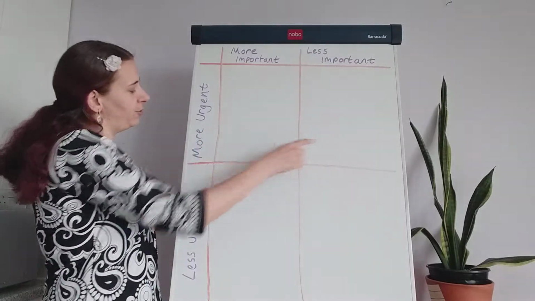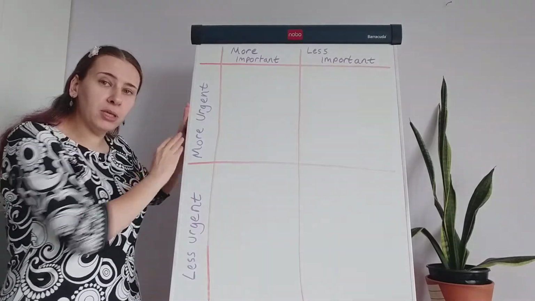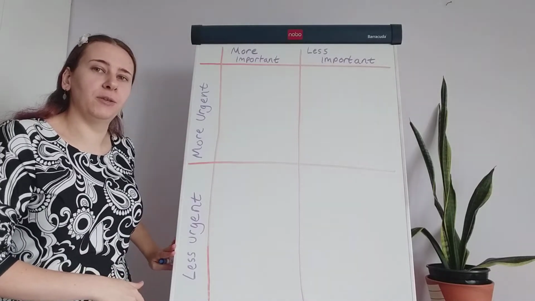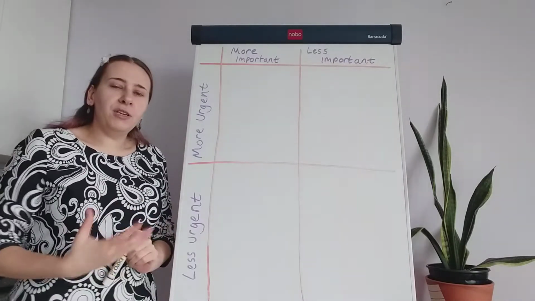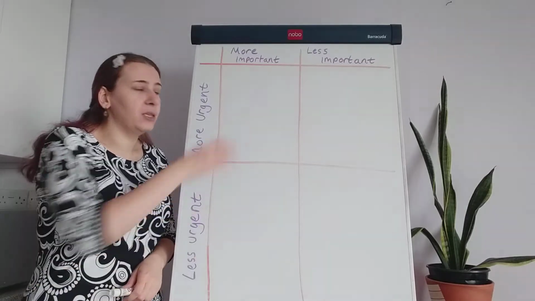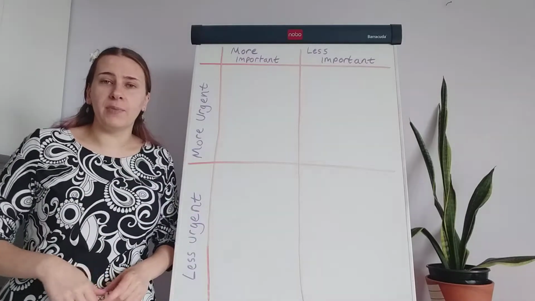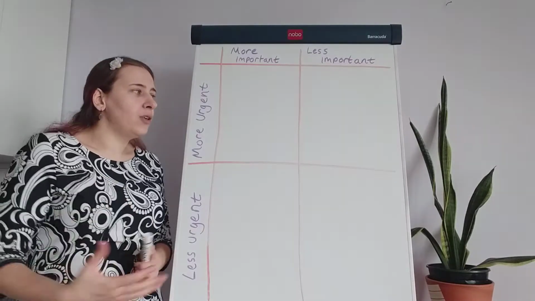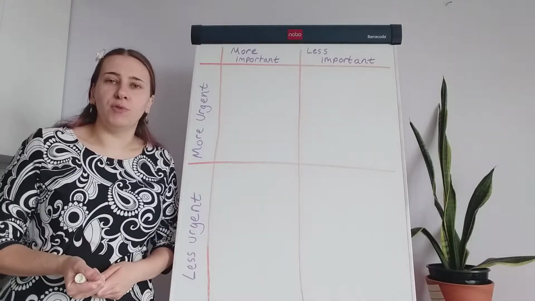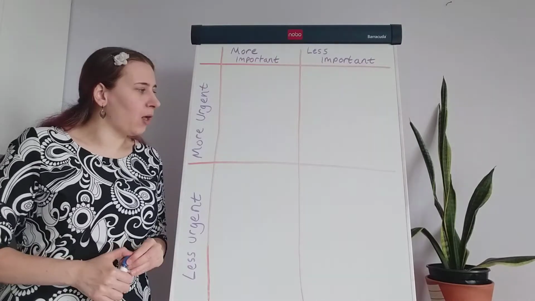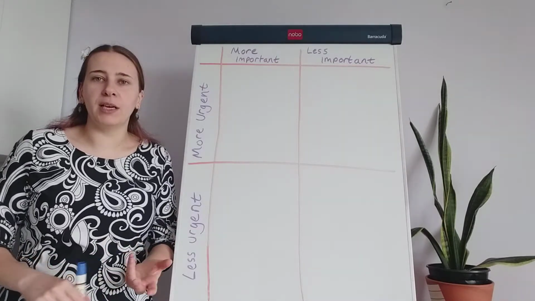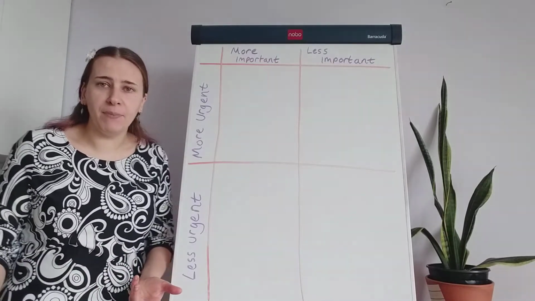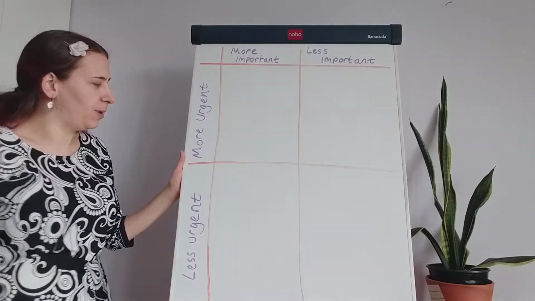And then with the rows, we've got things that are more urgent and things that are less urgent. You can use this either as a grid or as a bit of a scatter plot. When you're coming up with things you want to do for the week, you can plot them on here. So we might have something like revise for an exam. That comes up a lot when I'm working with young people.